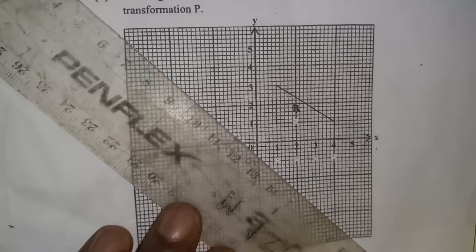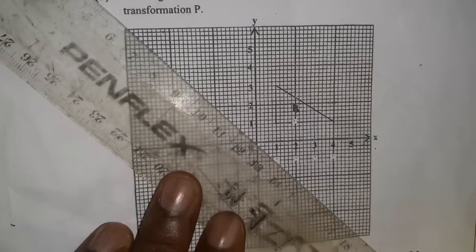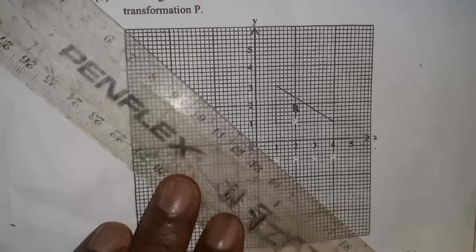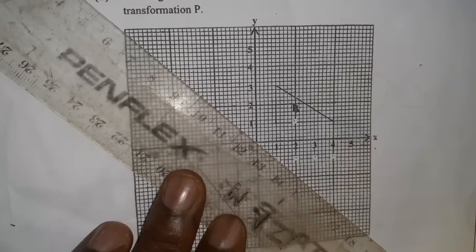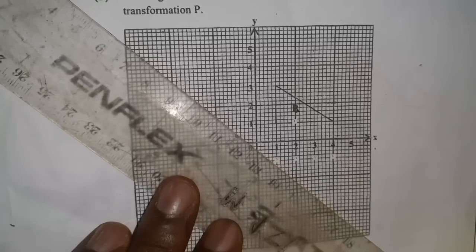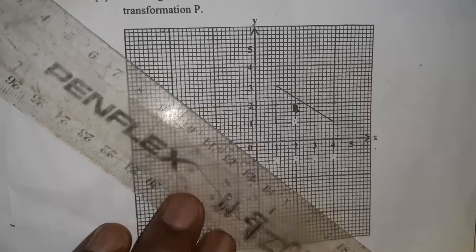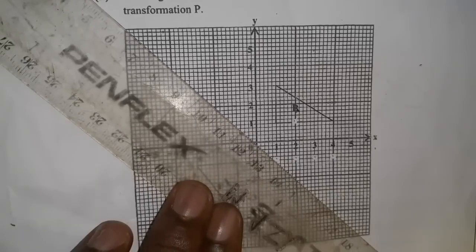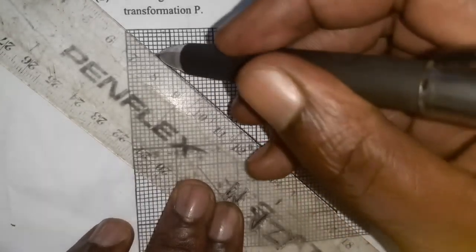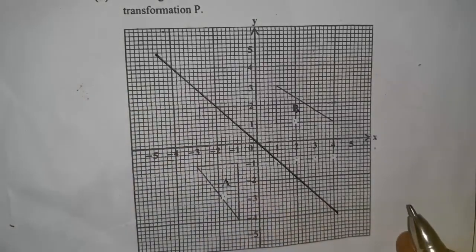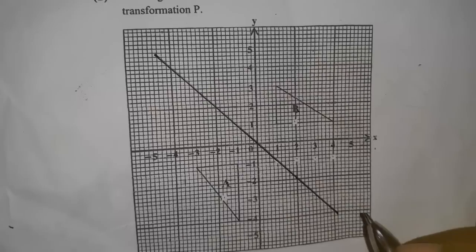Let me draw this line here. Now, when you look at this line, these are special equations or lines.